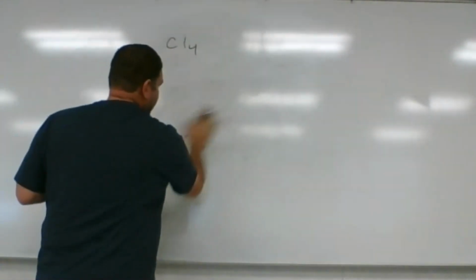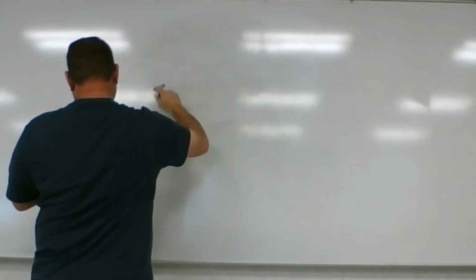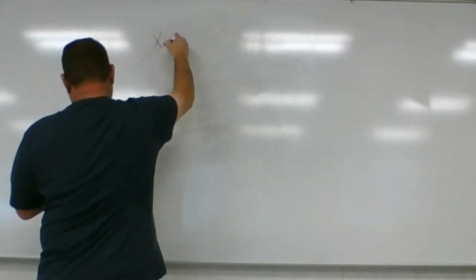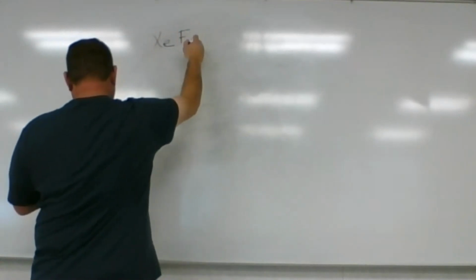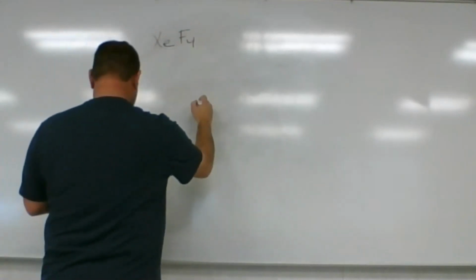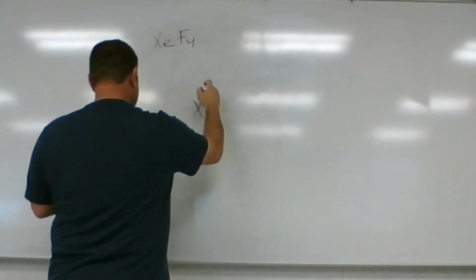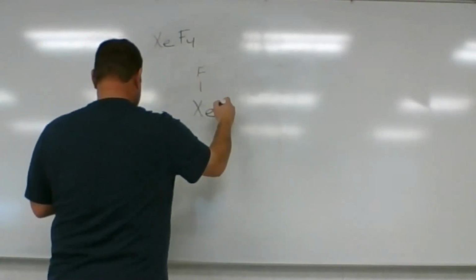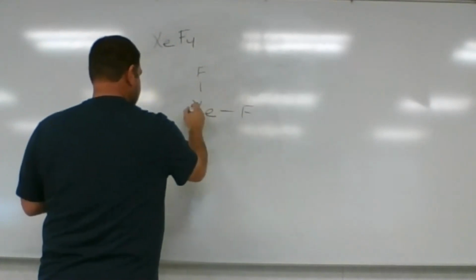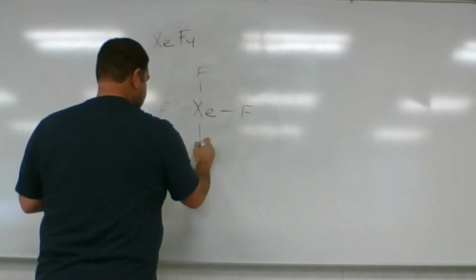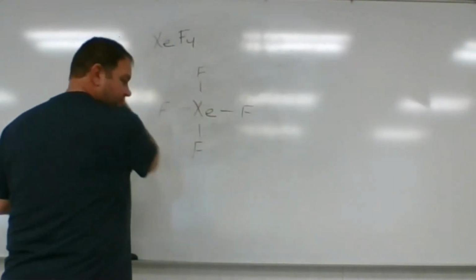Okay. All right, now last one, xenon tetrafluoride. Okay, now this is where the lone pairs come into a problem. Okay, so you have something like this, this, and then we actually have lone pairs on those sides.